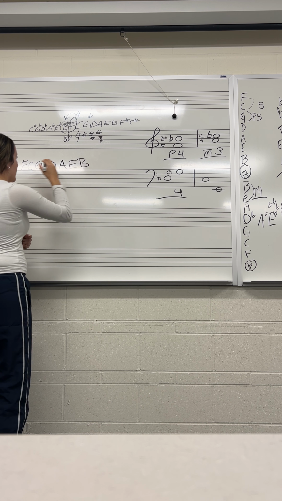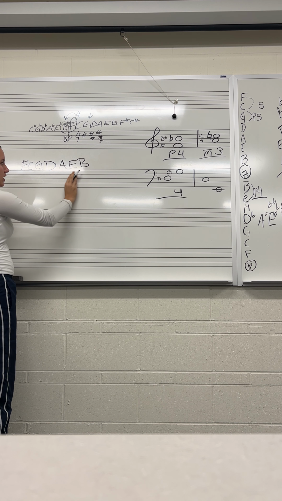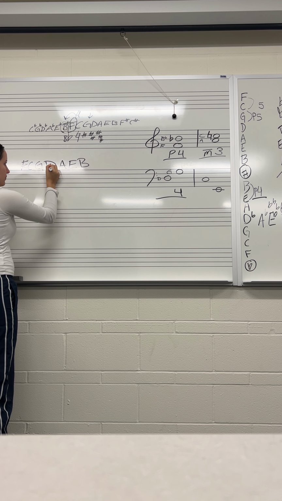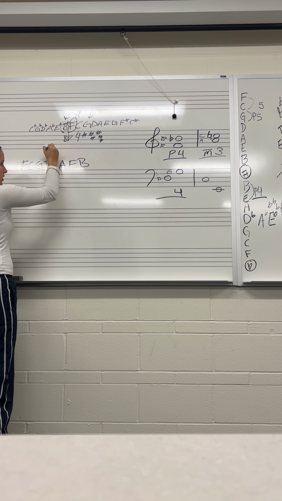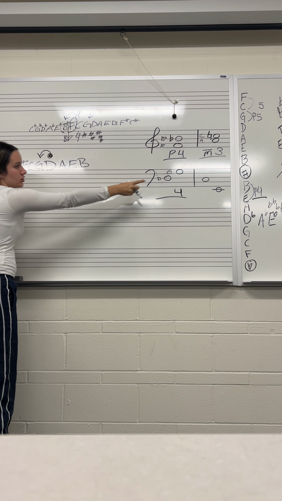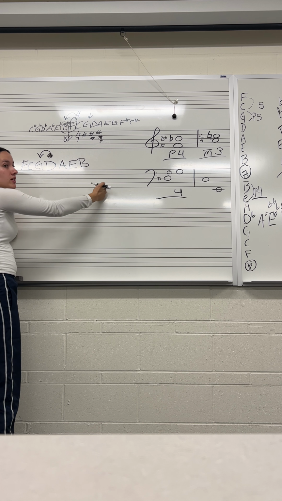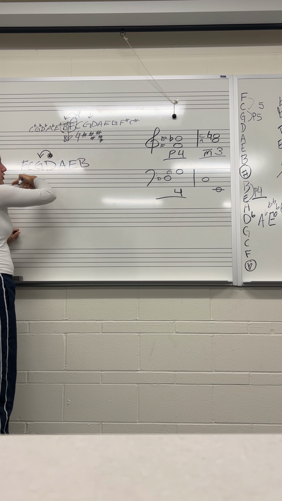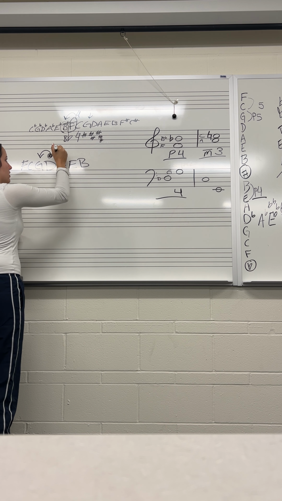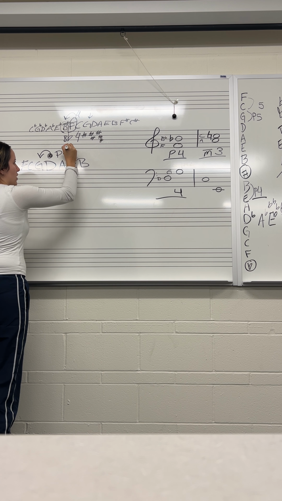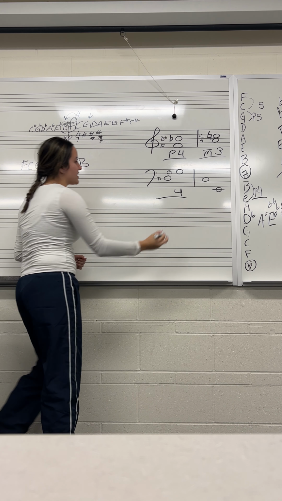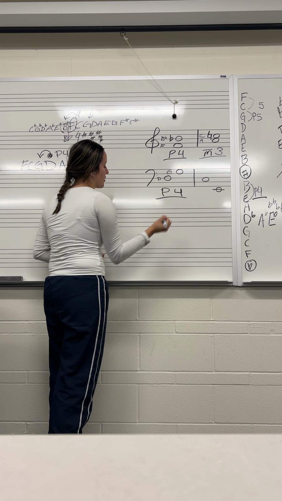So I've written F, C, G, D, A, E, B. I'm gonna start on D, right here. So if you were to go one space over to the left, there's G, just like over here. And we know that if you were to go to the left in the circle or the line of fifths, you'd be going in the interval of a perfect fourth.